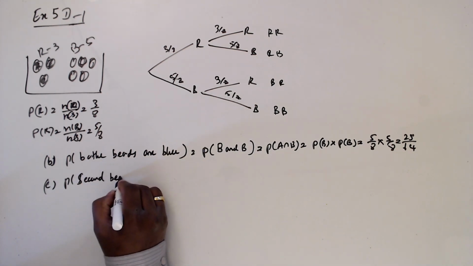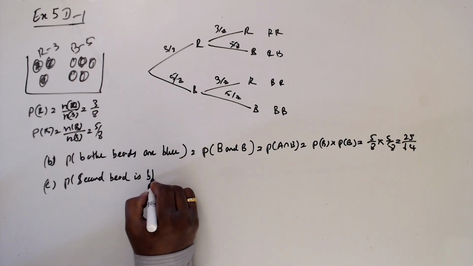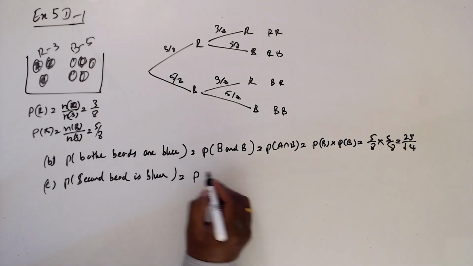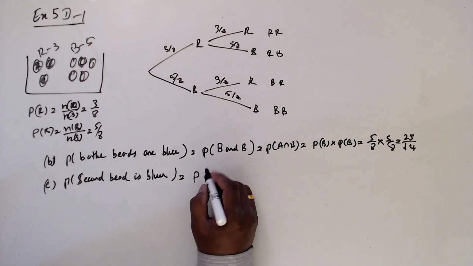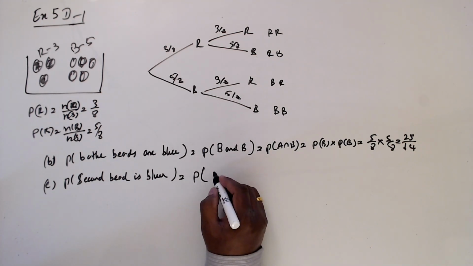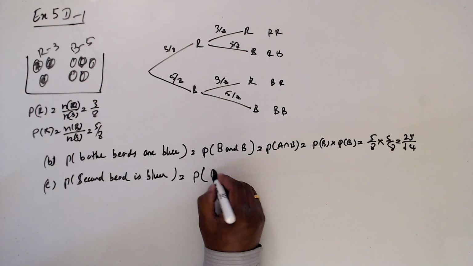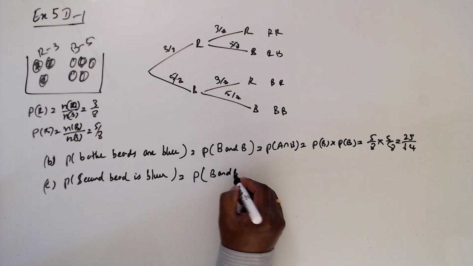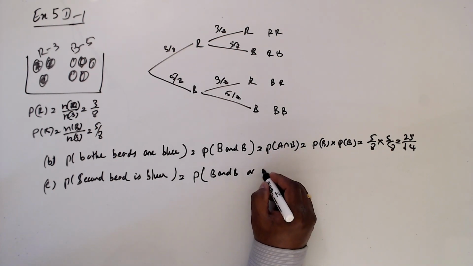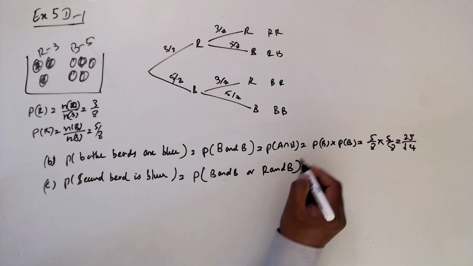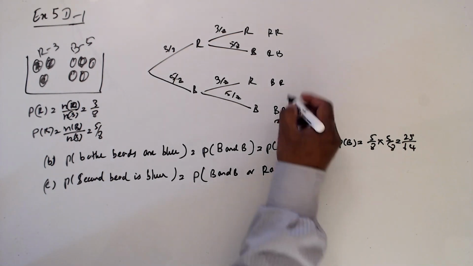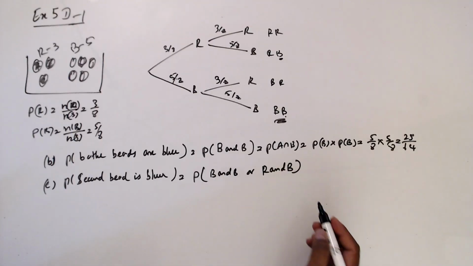So part C, find the probability that the second bead is blue. Second bead is blue. Then probability of first bead B and B, or R and B. So this is second, this is second.